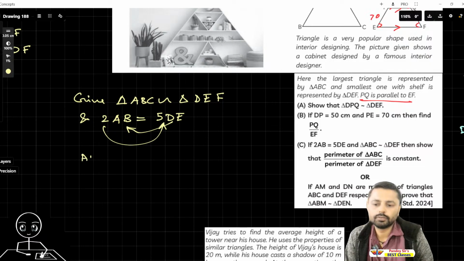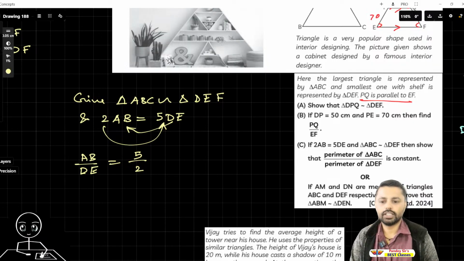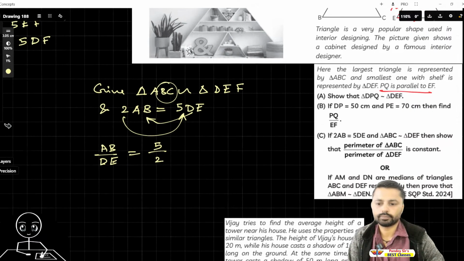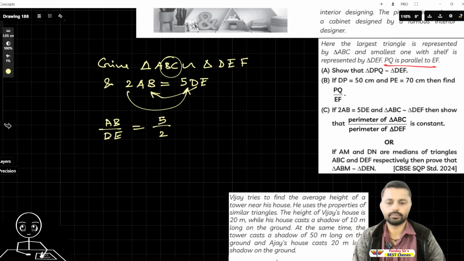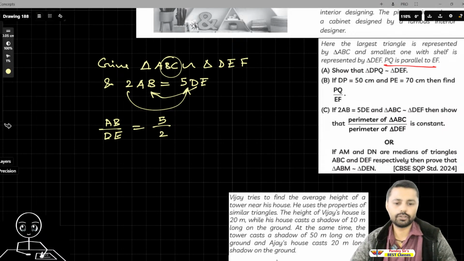So AB by DE equal to 5 by 2. Similarly, we get BC by EF also 5 by 2, and everything else also will get 5 by 2. So its ratio also must be 5 by 2 only.